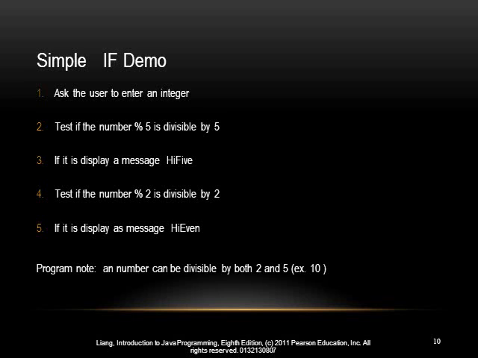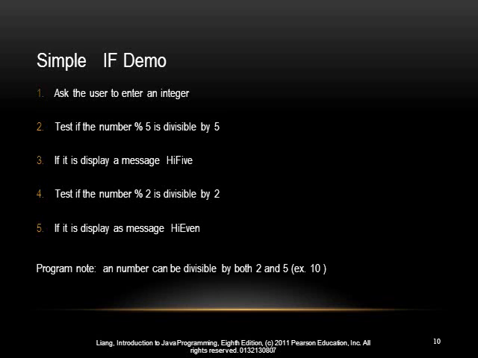Okay, let's take a look at the pseudocode for solving our little problem here. We need to ask the user to enter an integer, and once that integer is entered, we need to test to see if it's divisible by 5 using the remainder operator. And then if it is, we'll display the message high 5.